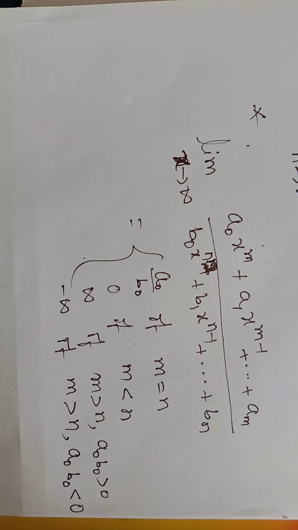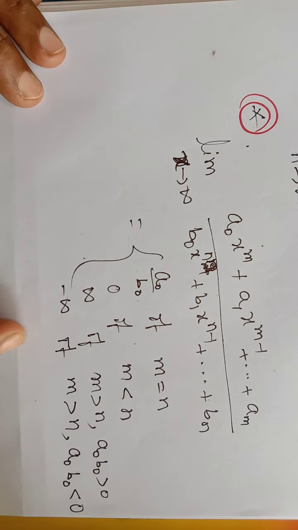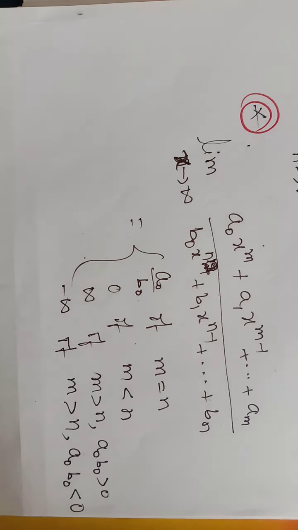This is a very important shortcut to solve many limit problems when they are given in fraction form. Very important shortcut result. So we have a0 x power m to am over b0 x power n to bn as x extends to infinity. The outcome will be this.